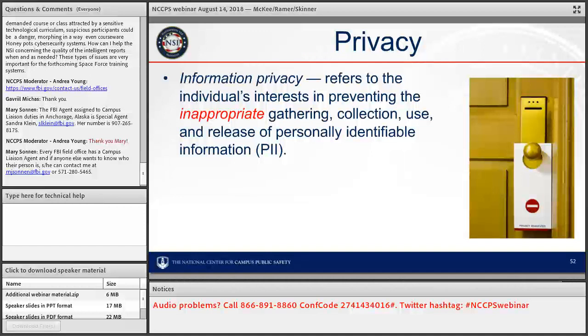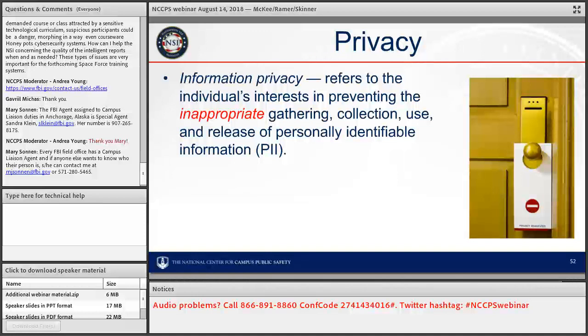So for purposes of our discussion today, we'll be focusing on information privacy. This term is inferred through case law, reflected in the Fair Information Practice Principles and the Privacy Act of 1974, and it's incorporated in the privacy policies within the government and the private sector.